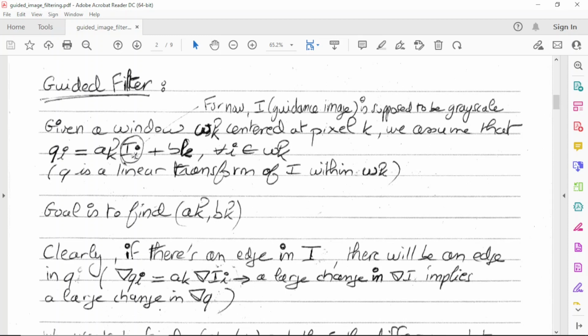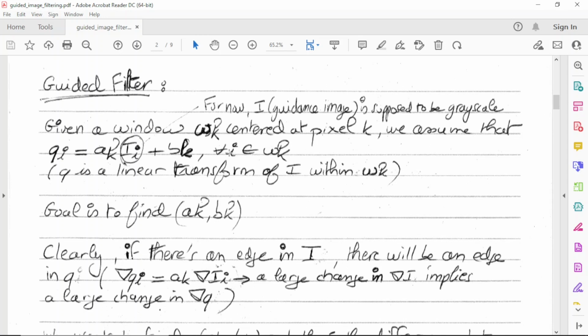I is the guidance image, so it's basically your left image, the RGB image. But here I'm considering it grayscale to make it simpler. And b_k is another unknown.